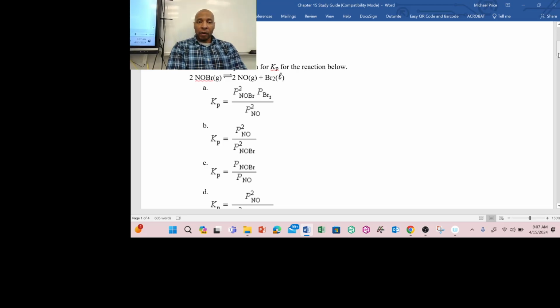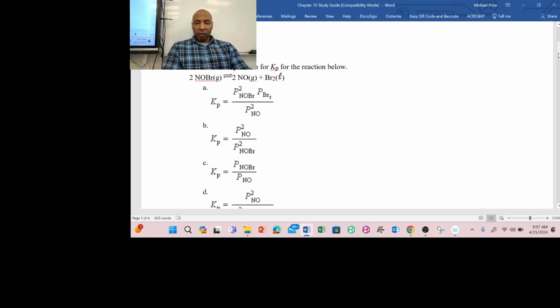If you recall, PV equals nRT. So I can use the partial pressure of gases in lieu of concentrations, and I can find the Kp the same way I found the Kc, right? So they say write the expression for Kp for the reaction below, and I know that I'm not going to include the bromine because it's a pure liquid, but I am going to include the NO because it's a gas, and NOBr because it's a gas.